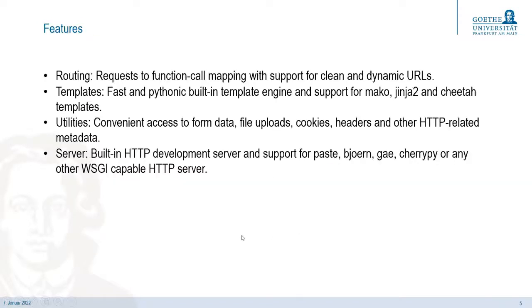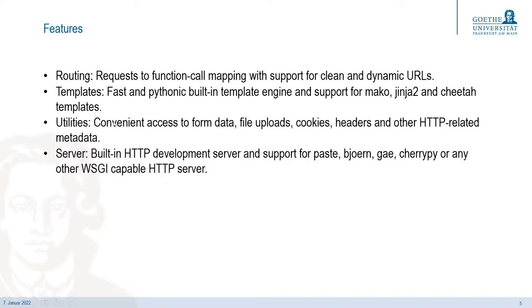Bottle has 4 features. First of all, it offers request routing with function call mapping, with support for clean and dynamic URLs. Secondly, it has a fast and Pythonic built-in template engine and support for Mako, Jinja2, and Cheetah templates.